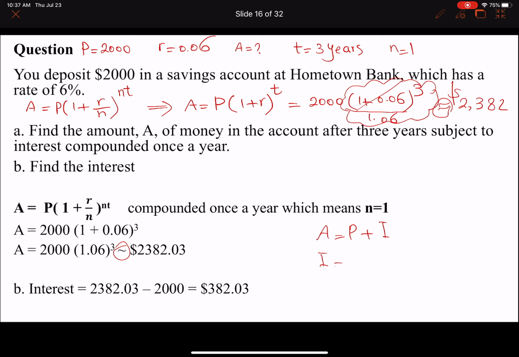So interest is future value minus principal. So future value is around $2,382 minus present value or principal, which is 2,000. So $382 is your interest.